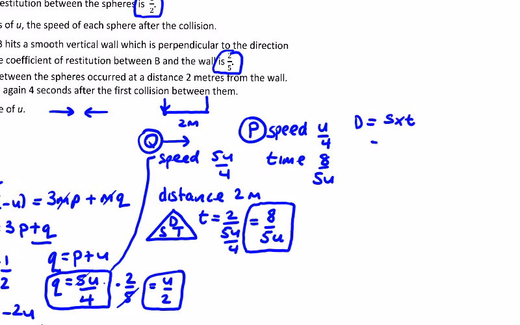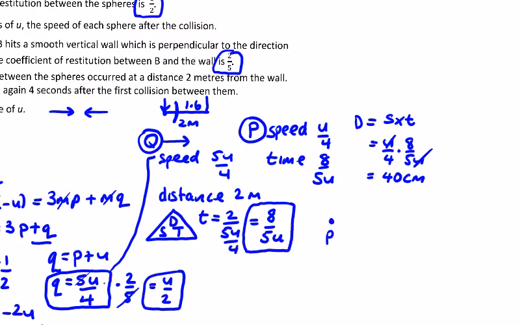So it's going to travel u over 4 times 8 over 5u. The u's cancel, we get 8 over 20, which is 4 over 10, which is 0.4 meters, 40 centimeters. So that leaves, in the 2 meters, 1.6 meters.